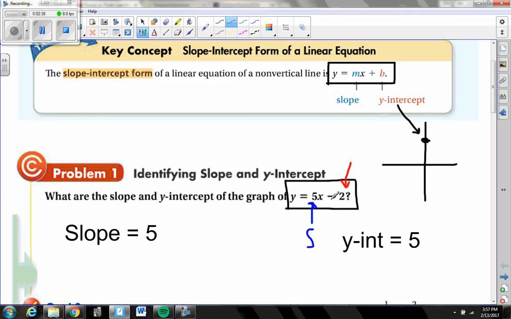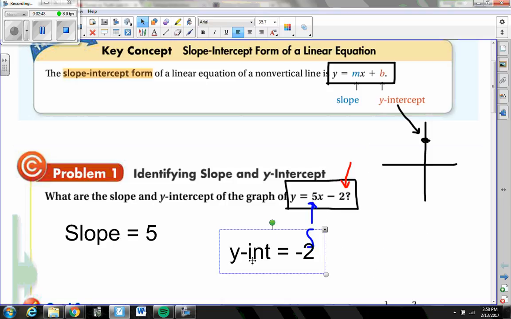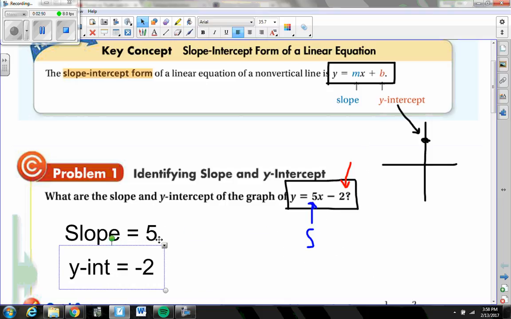So I need to realize that when I subtract it, my y-intercept is really a negative. So my y-intercept is not 5, it's actually minus 2. So my slope is 5, my y-intercept is minus 2. That's where I get this equation, y equals 5x minus 2.